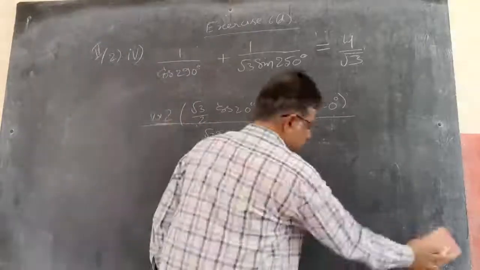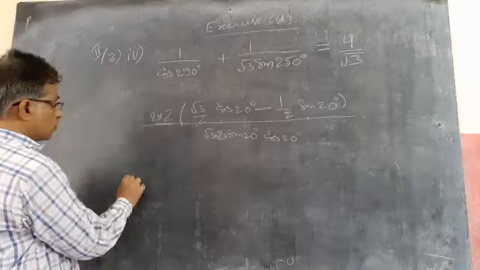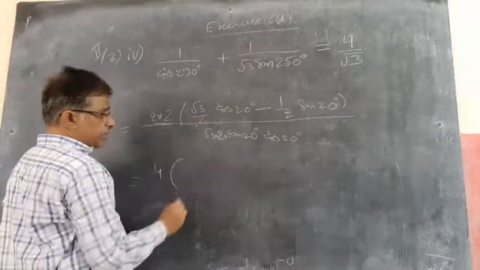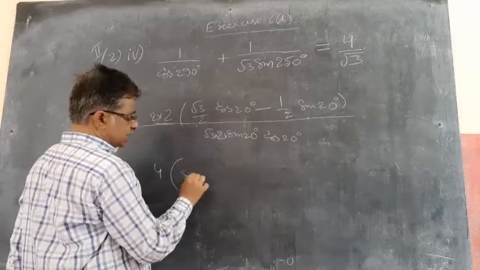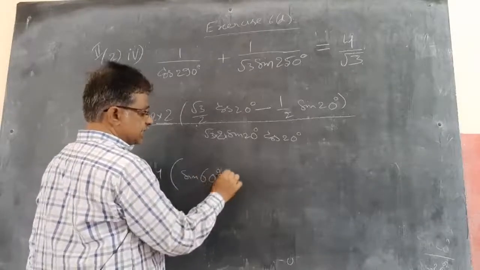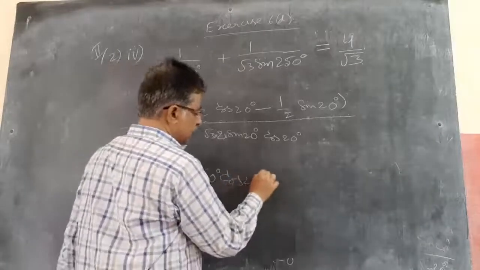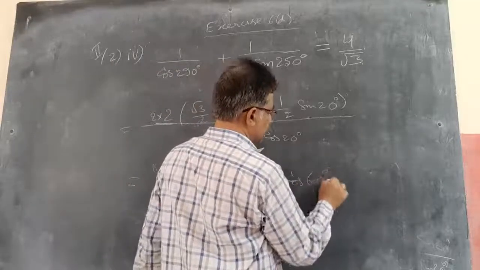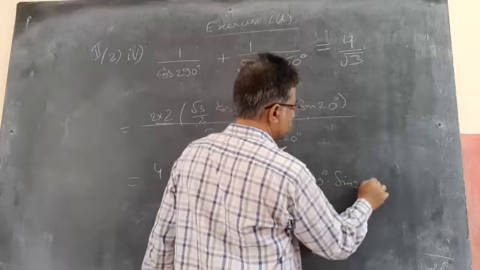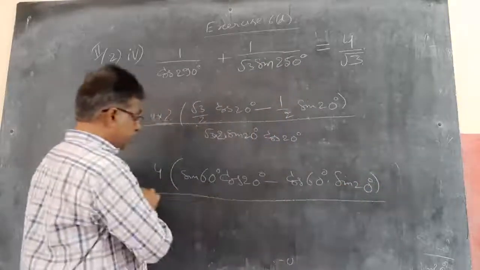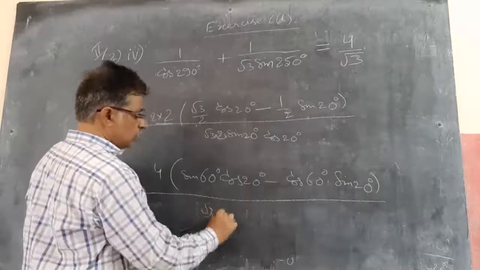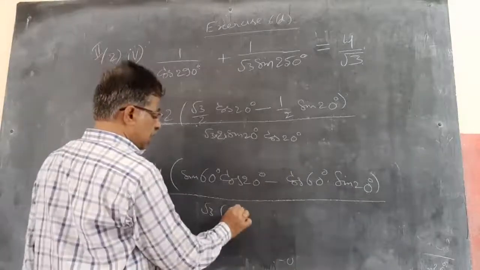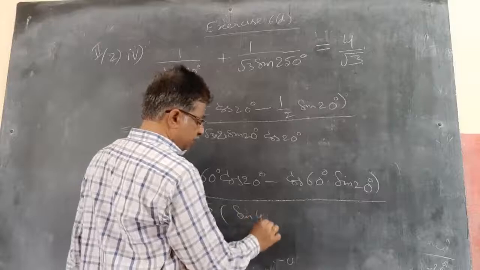So now the numerator becomes 2 into 2, 4, into root 3 by 2 I can write as sin 60 degrees into cos 20 minus 1 by 2 I can write as cos 60 into sin 20, by root 3 into 2 sin theta cos theta, sin 2 theta, sin 2 into 20, 40 degrees.